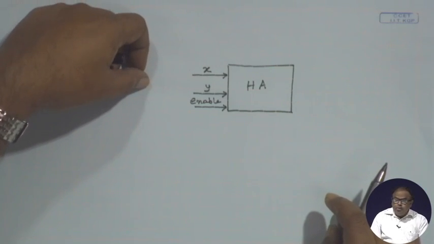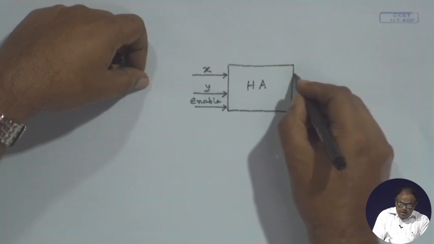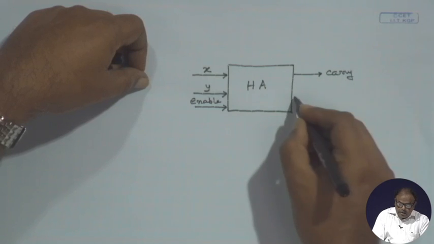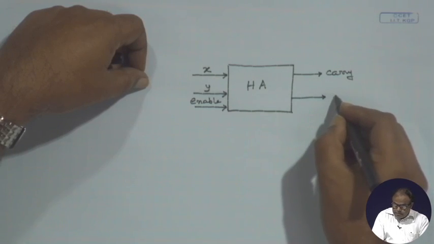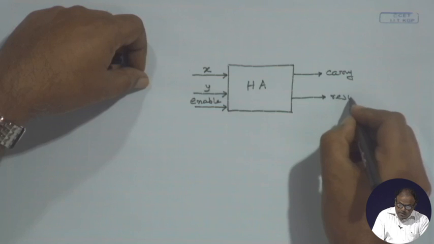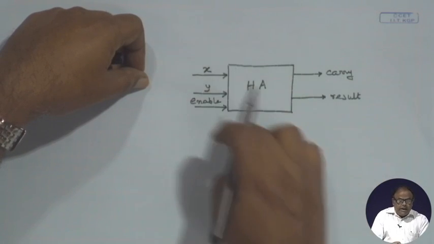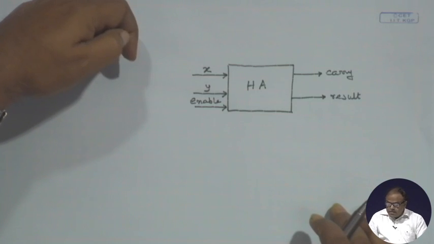And what will be the outputs of the half adder? All of you know that it will be carry and the sum of the result, right. Now, this is an entity, half adder is an entity.